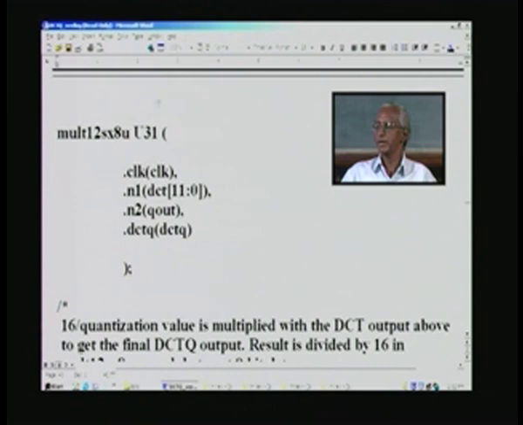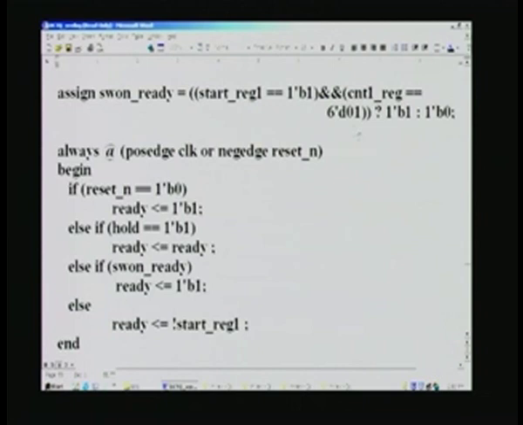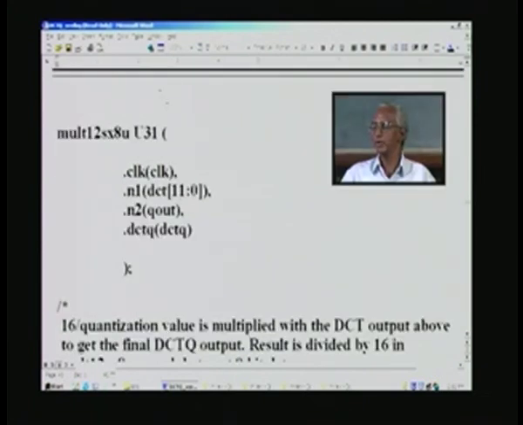Earlier, right at the beginning, I mentioned that we have declared this as a wire here. Now, from this it should be apparent that from one module we are connecting it to another module, and inside that module it will have the very same name, and because we are making a physical connection like a wire or a net, it is called a wire. You have a Q out here, which is the ROM quantization table, that is this one, and finally out comes the DCTQ here.